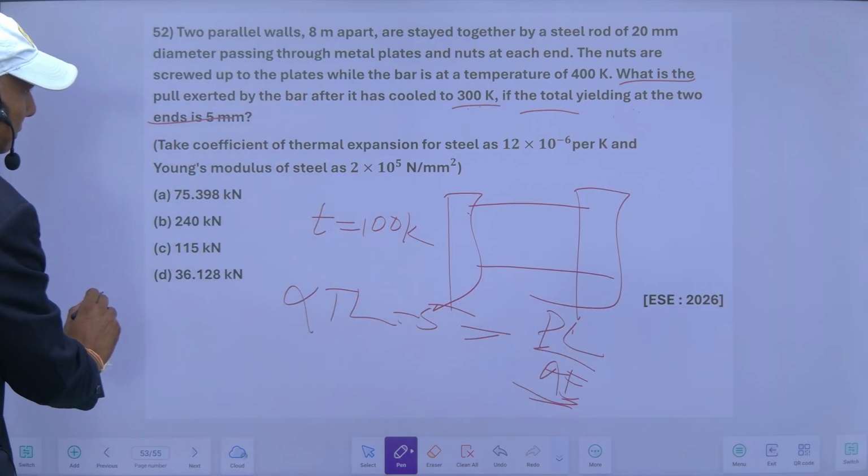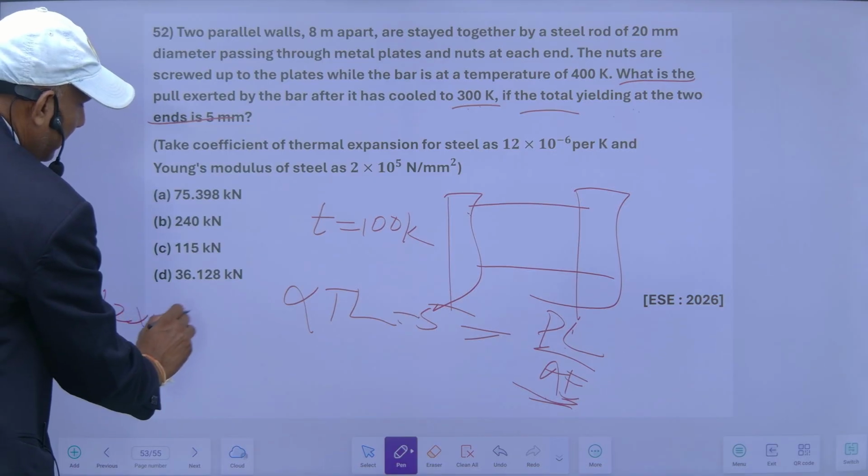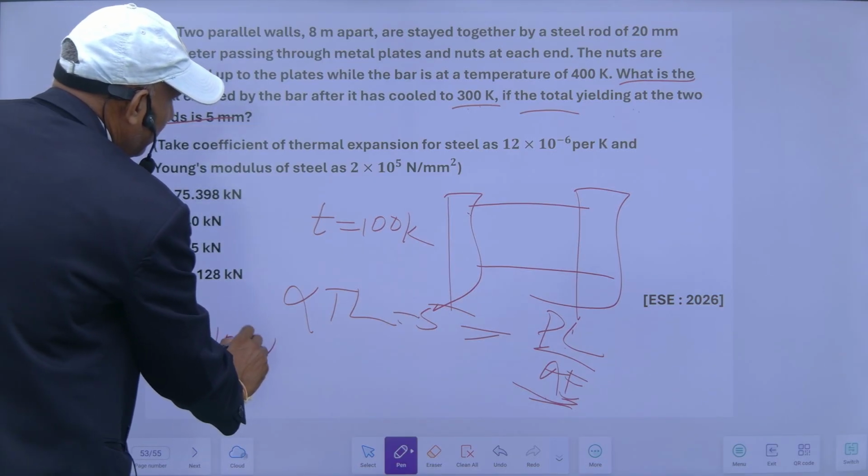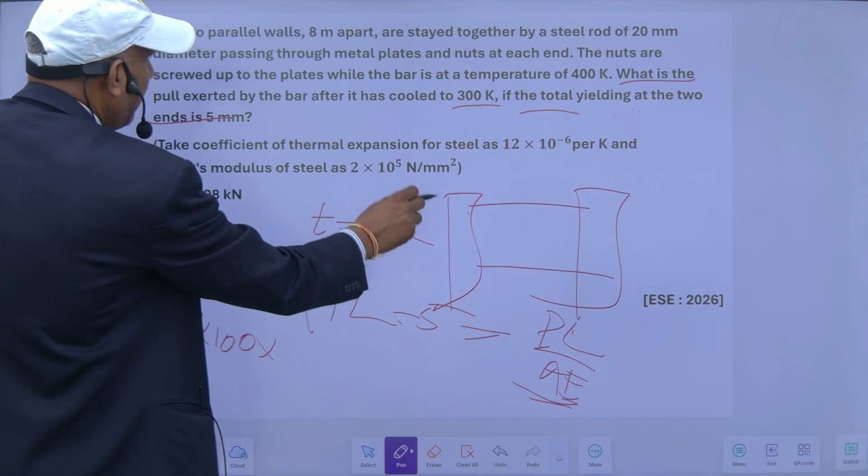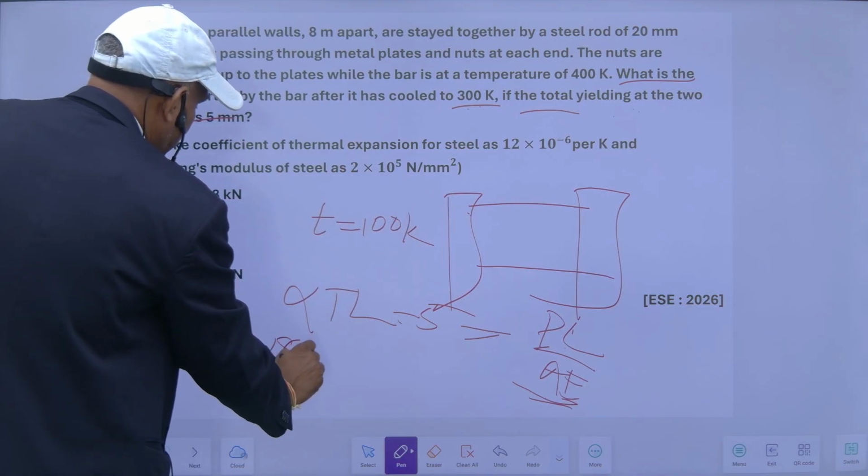So alpha is equal to 12 into 10 raised to power minus 6, into 100 is the temperature, into L. L in this case is 8 meter, means 8 into 10 raised to power 3.